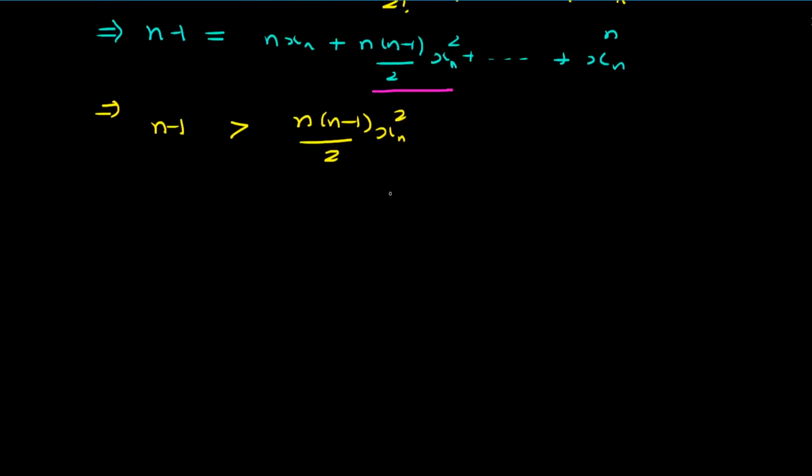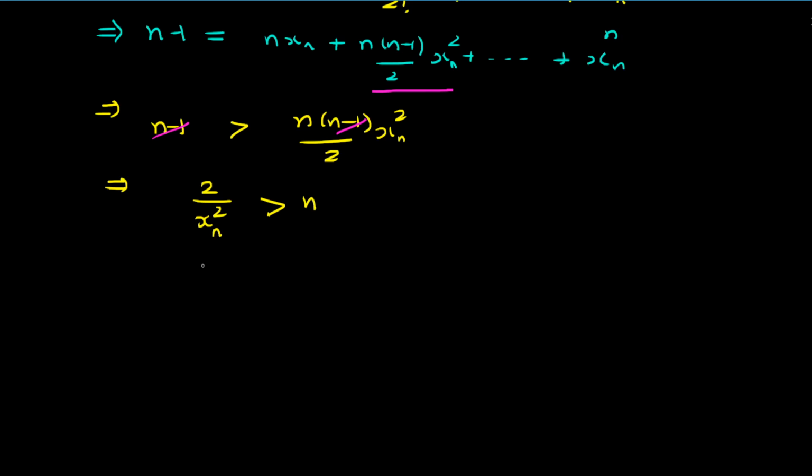What is the next step? I can cancel n minus 1 from both the sides. Okay, so we'll get this 2 upon xn square. I am taking this 2 and xn square on the other side is greater than n. Okay, fine.